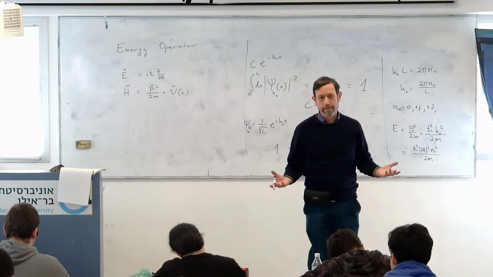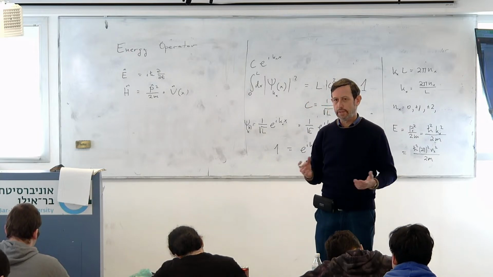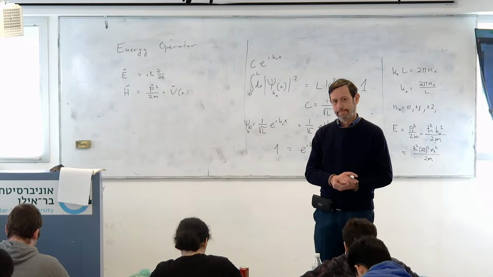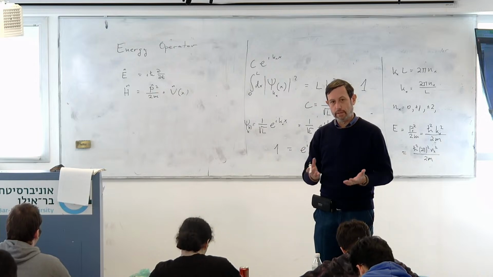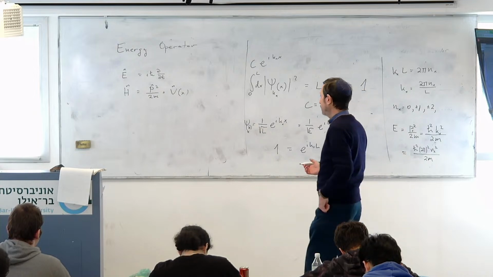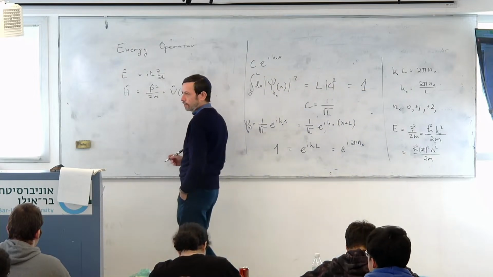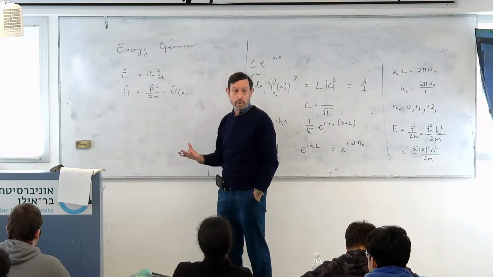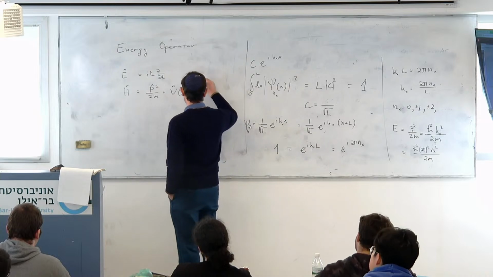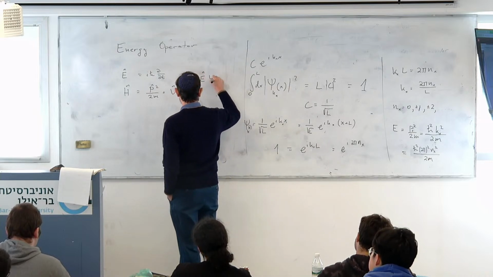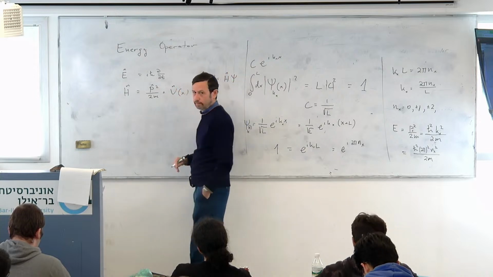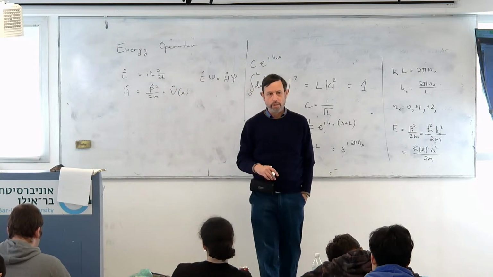I can write it down as the first derivative in time, and I can write it down as a Hamiltonian, which is also there. And our good friend, the Schrödinger equation, just equates them one to the other. That's the Schrödinger equation.